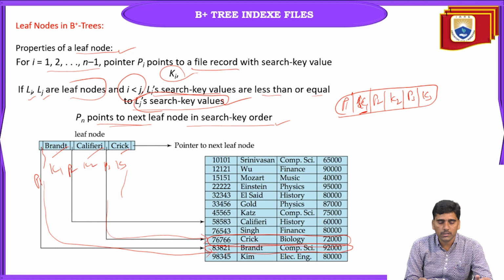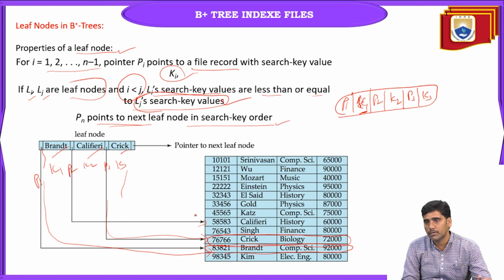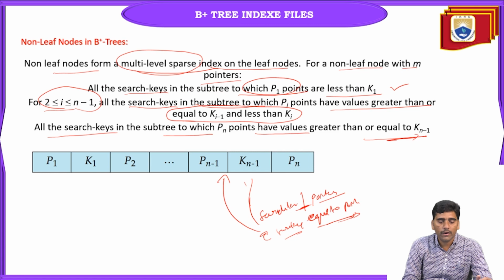And the leaf nodes in a B plus tree: the leaf nodes are pointed to by search key values, and based on those pointers and search key values, the value is retrieved. Now the non-leaf nodes.